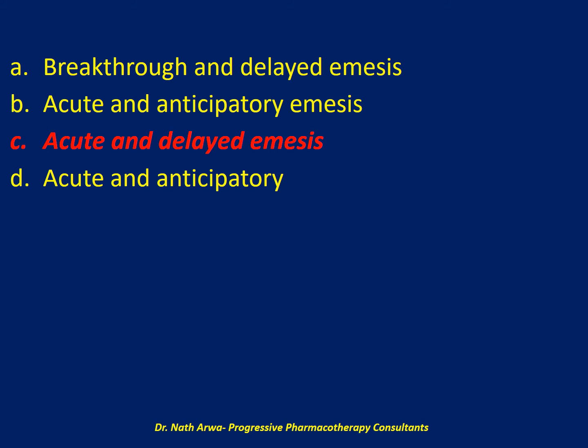Now, there are multiple types of emesis. All chemotherapeutic agents have the potential to cause acute emesis, which occurs within 24 hours of receiving chemotherapy. Delayed emesis occurs longer than 24 hours after receiving chemotherapy.